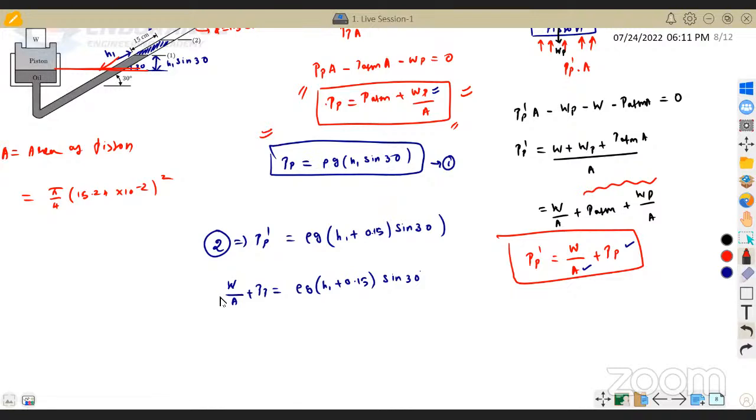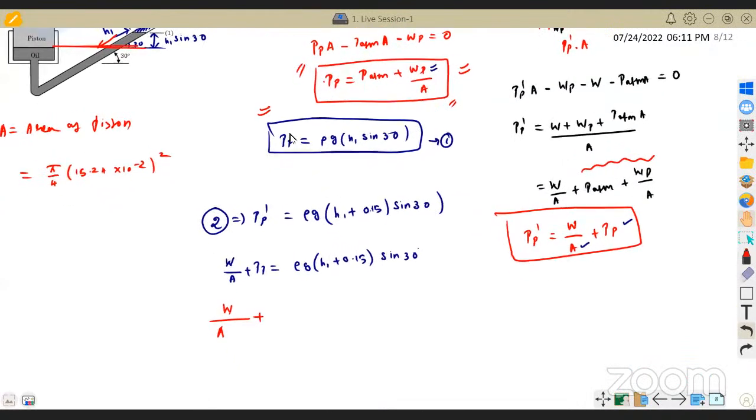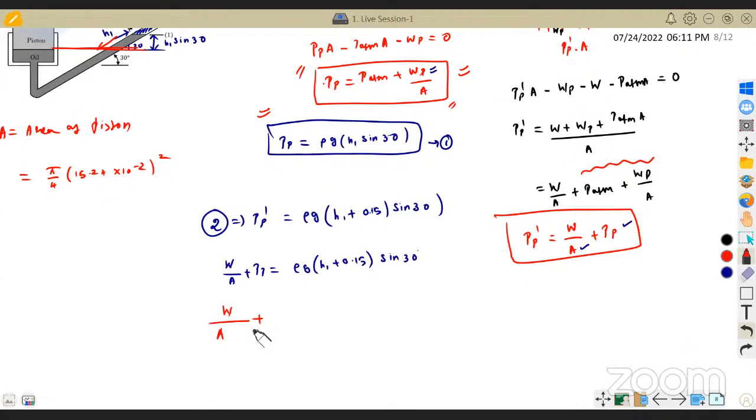Weight is what I need to find out. Area I know from this. From this I can substitute the area plus pp. What is my pp? pp is rho g into H1 sine 30. And the right hand side I can write as rho g into H1 sine 30 plus rho g into 0.15 sine 30.